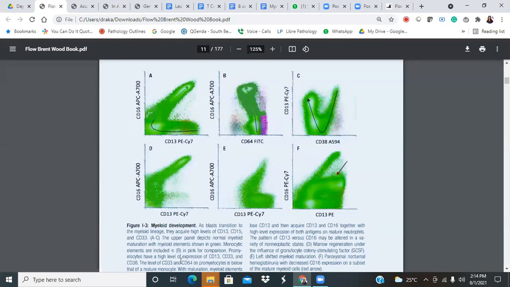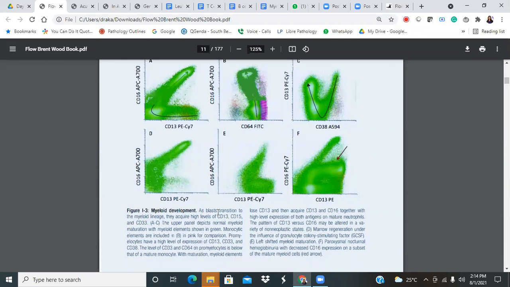And the levels of CD33 and CD64 on promyelocytes are below that of the mature monocyte. So that's what they are showing over here, that the promyelocytes have low CD64 as compared to the mature monocytes.